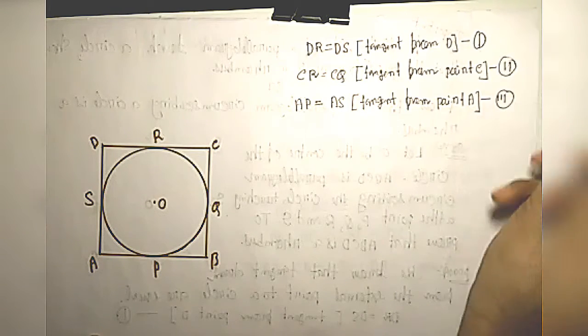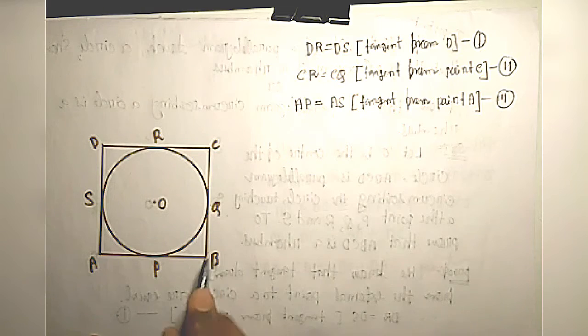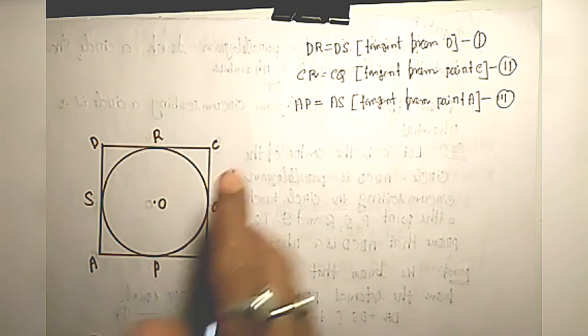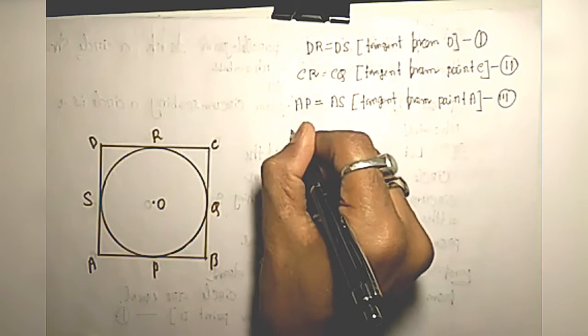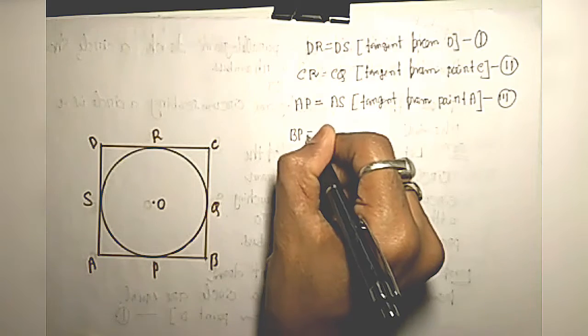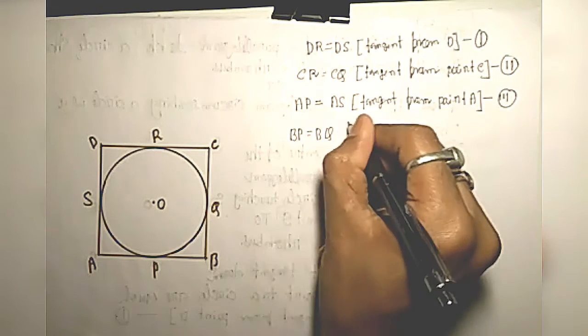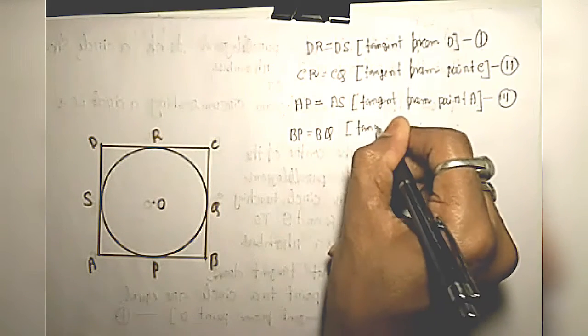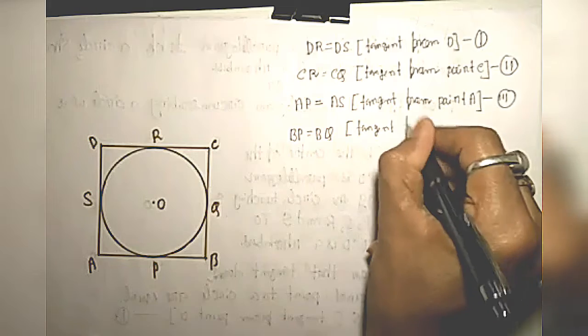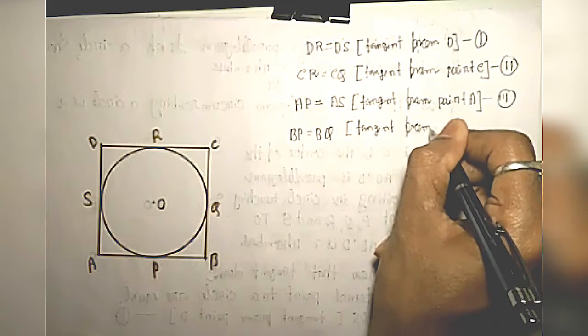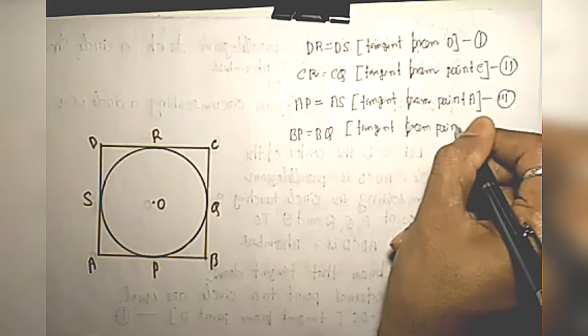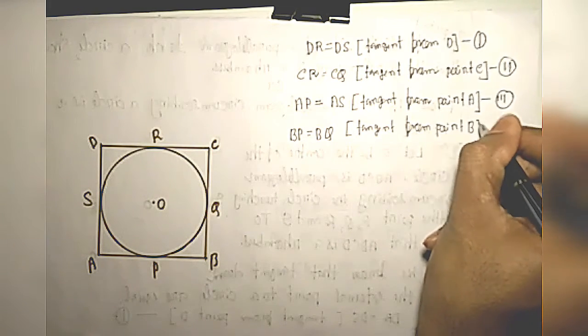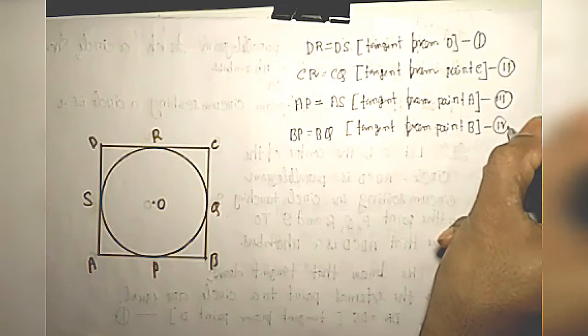These steps are exactly the same as the previous questions, so it is easy for you to remember the steps. From the point B, BP equals BQ, tangents drawn from the point B.